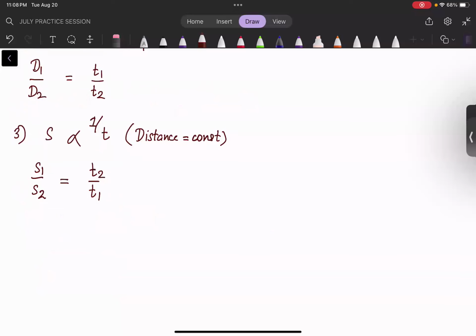All right. So this proportionality, now we will apply in one question. Okay, so let me copy the question.